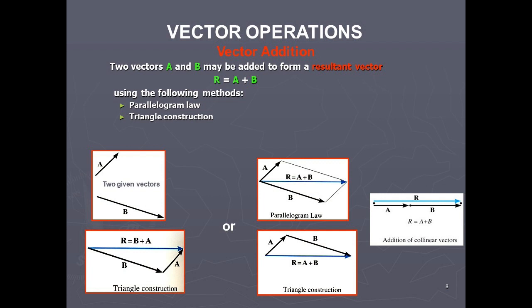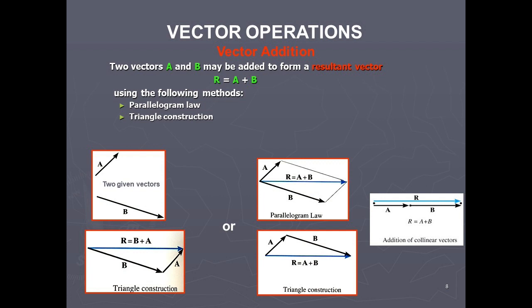If A and B are given in vector form, then we will have no trouble, isn't it? To find the resultant, we just add them up, and then we have the resultant vector, right?